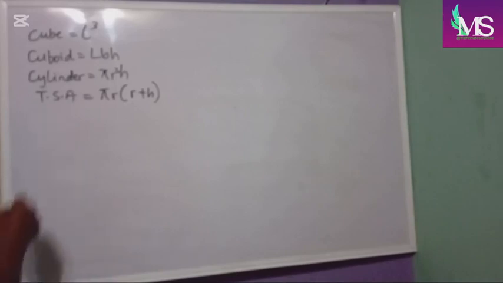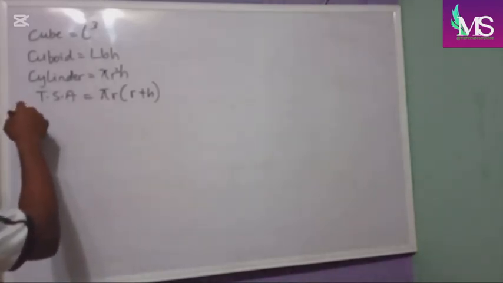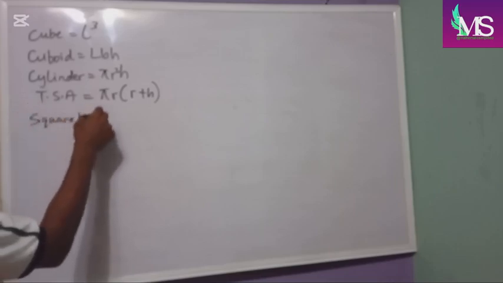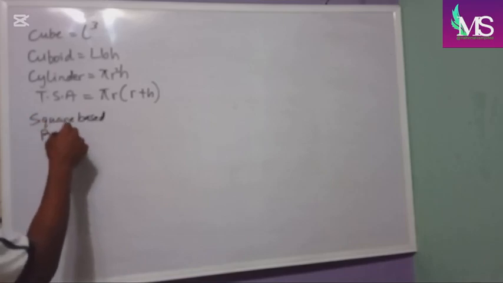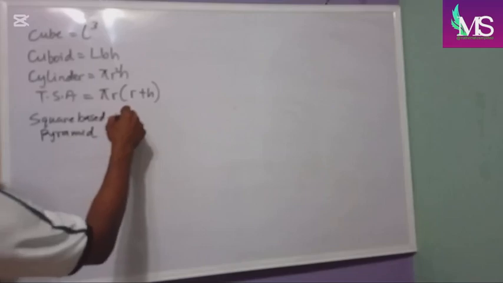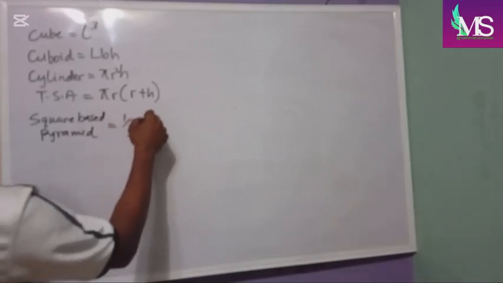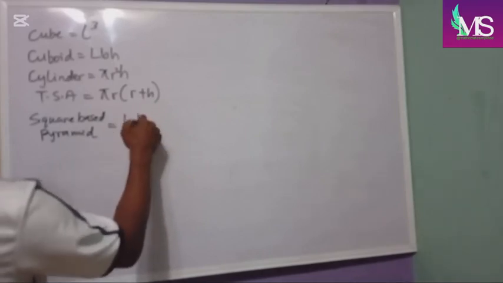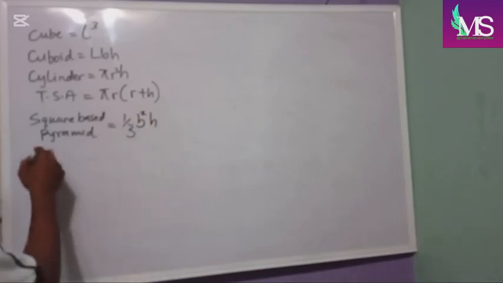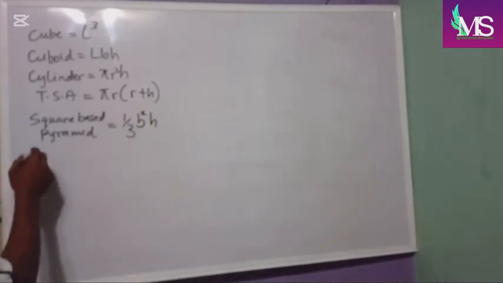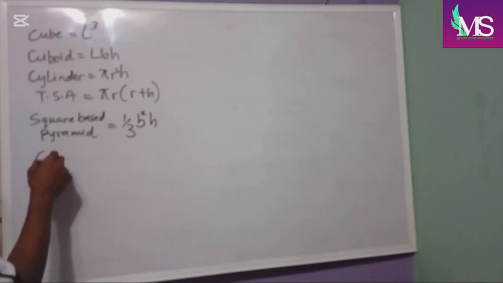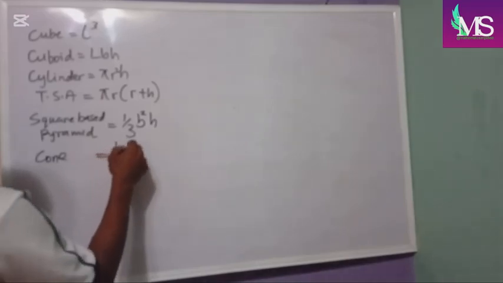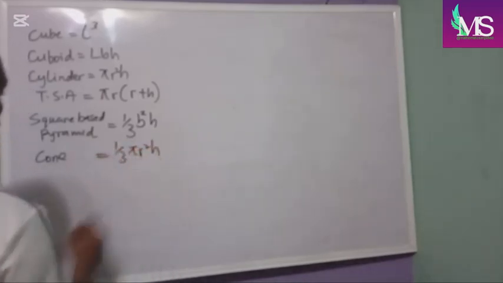Our volume for the square-based pyramid, we have it as 1/3 b squared h. Now for our cone, we have it as 1/3 pi r squared h.